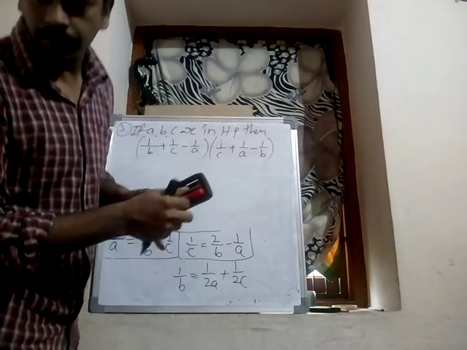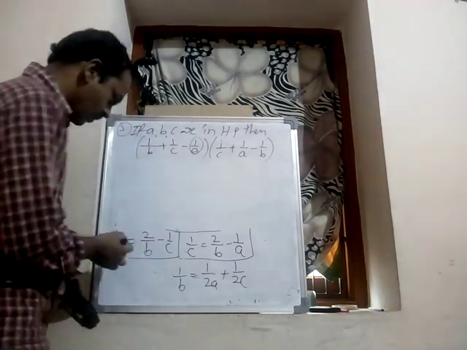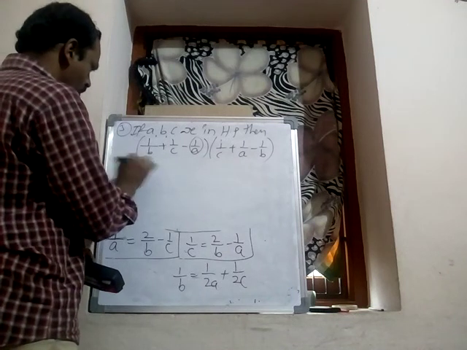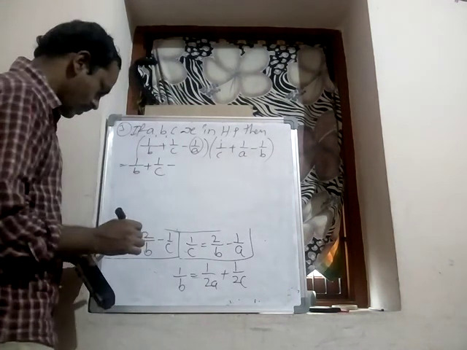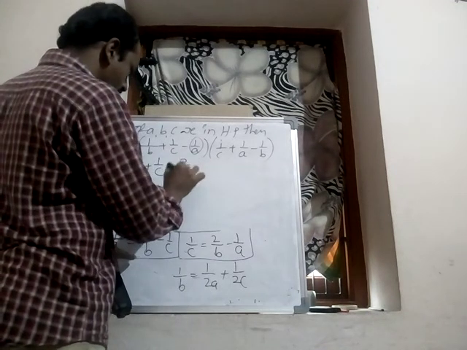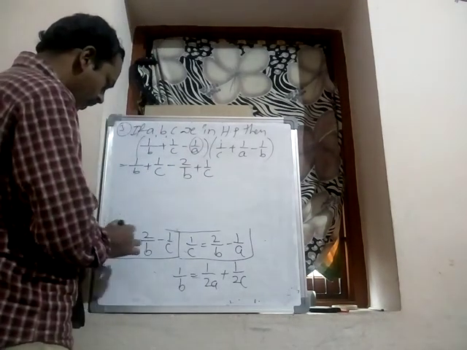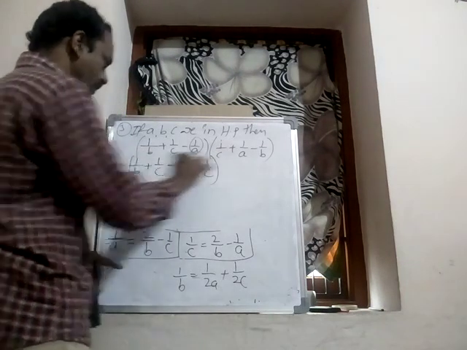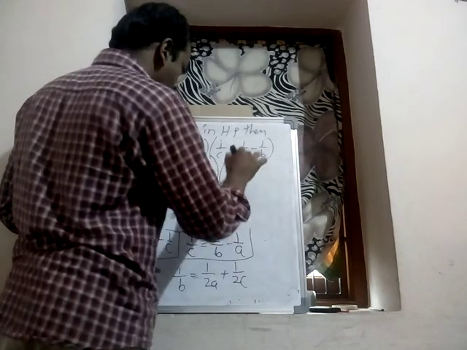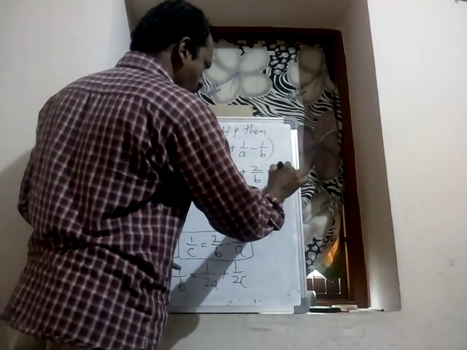In the first one there is no a, so we have to remove a. In place of a, take the value. So (1/b + 1/c - 2/b + 1/c). Applying the minus, minus 2/b, minus into minus plus 1/c. Here 1/c + 1/a becomes 2/b - 1/c - 1/b.